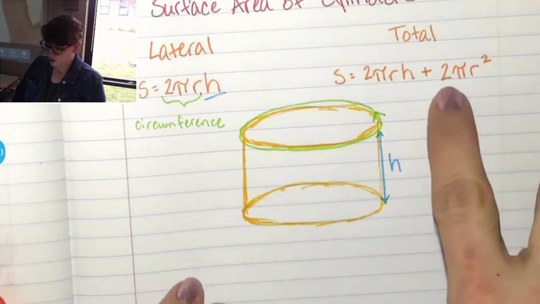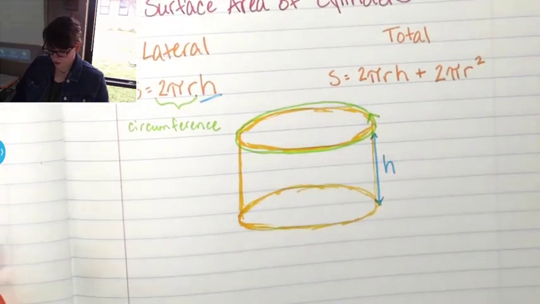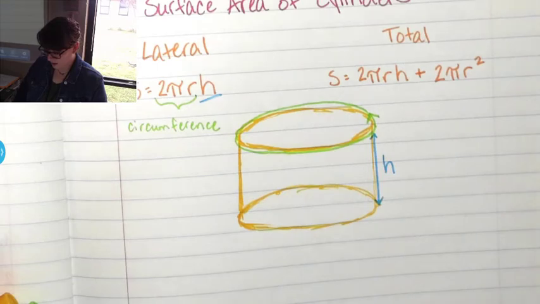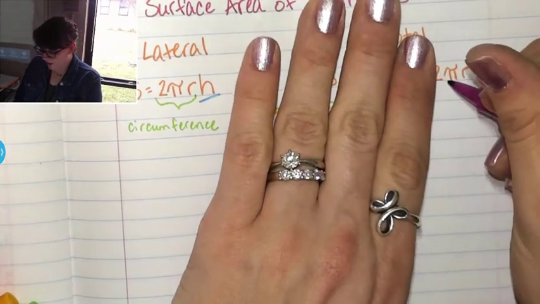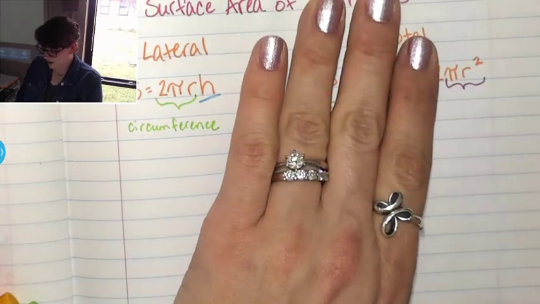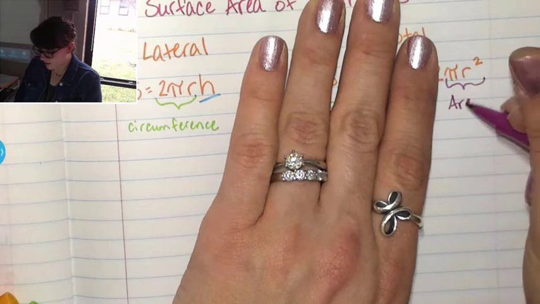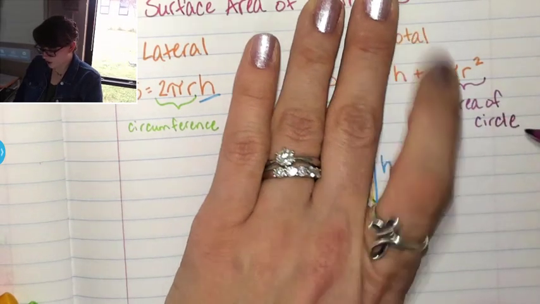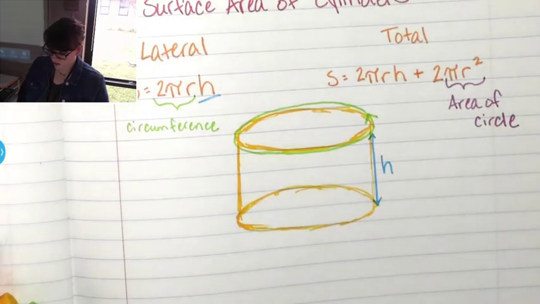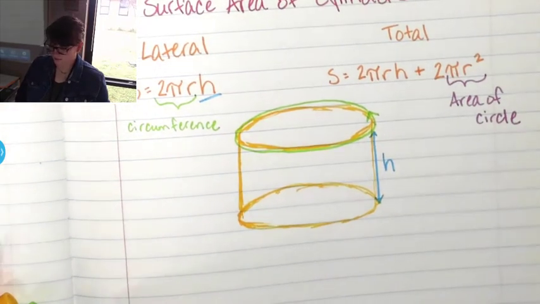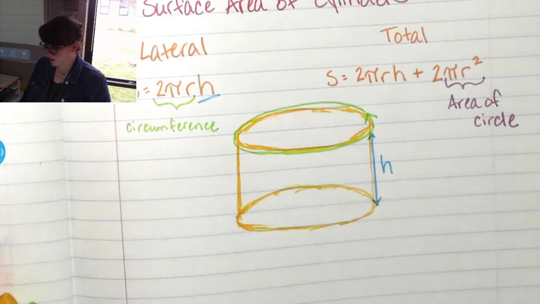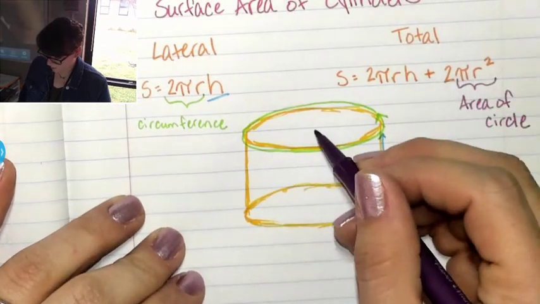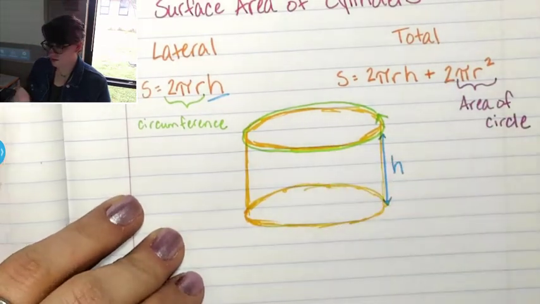This one includes 2 pi r squared. What is 2 pi r squared? Or what's pi r squared? What formula is that? Area of a circle. And why the 2? Because there's 2 circles, yeah. Because there's 1, 2 circles.